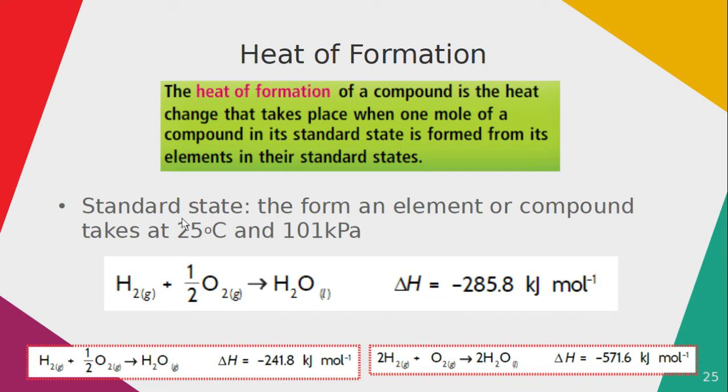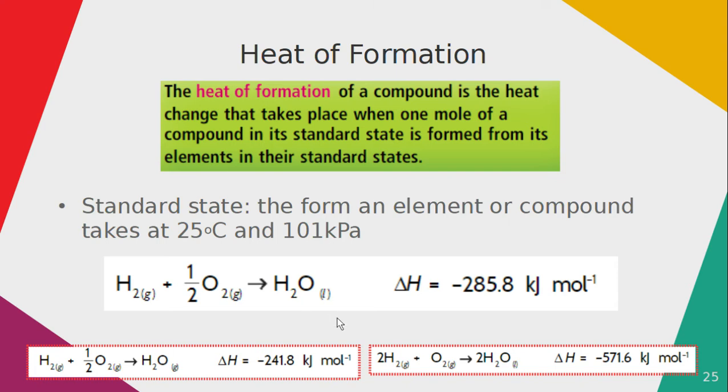Standard state, that means the form that an element or compound takes at 25 degrees Celsius and 101 kilopascals pressure, so atmospheric pressure there. So we know that water, H2O, at room temperature, that's kind of what 25 degrees is, at normal atmospheric pressure is a liquid.